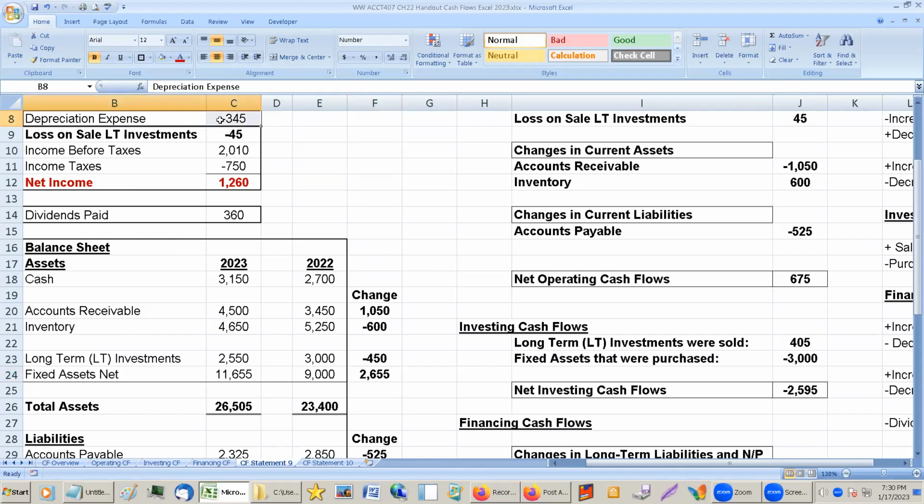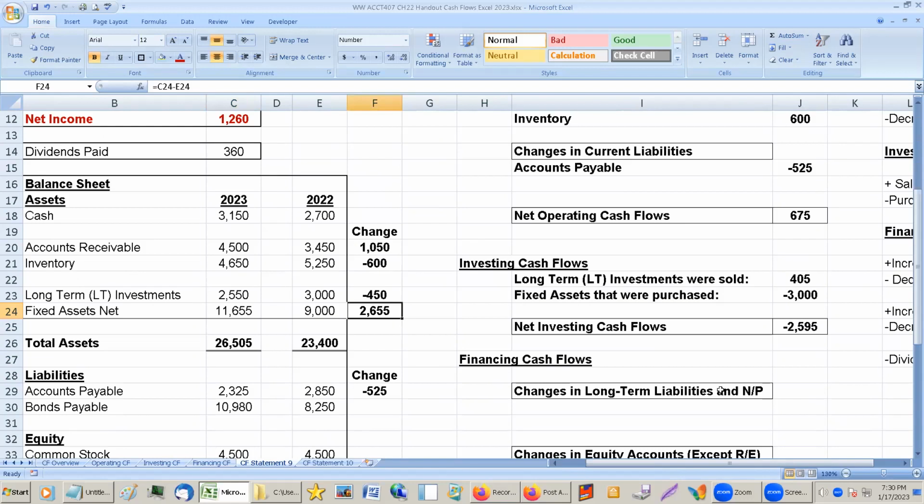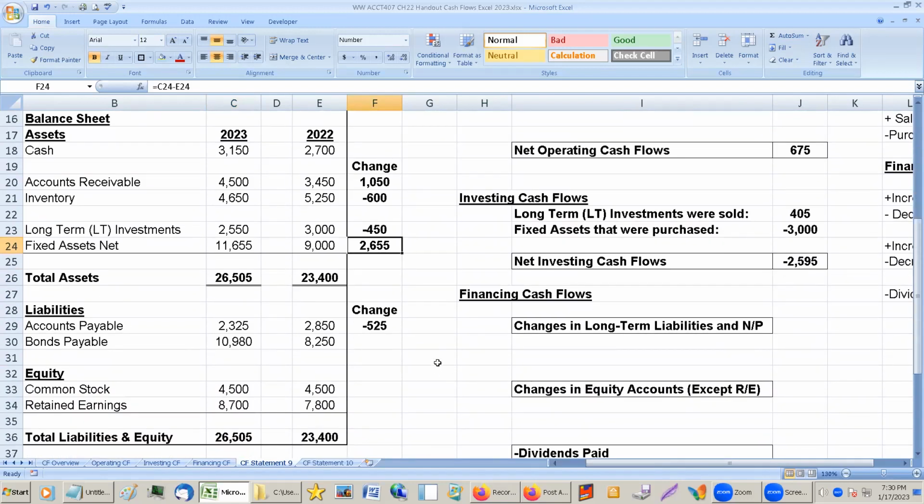Yep, very good. It did increase by 3,000, but then we had this depreciation. So these are net of depreciation. It went up to 12,000, but then we depreciated $345 of it. That's why there's that difference between those two. Okay.